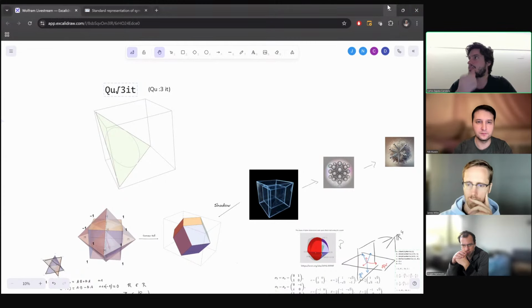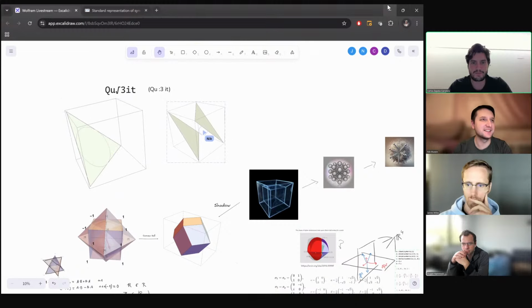Just as a graphics object. Okay, I'm gonna paste whatever I have. Yeah. Something like this. That's the pair of triangles, I think.